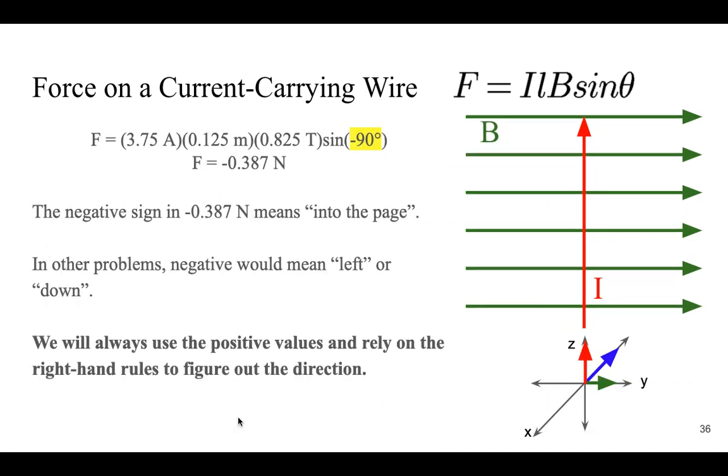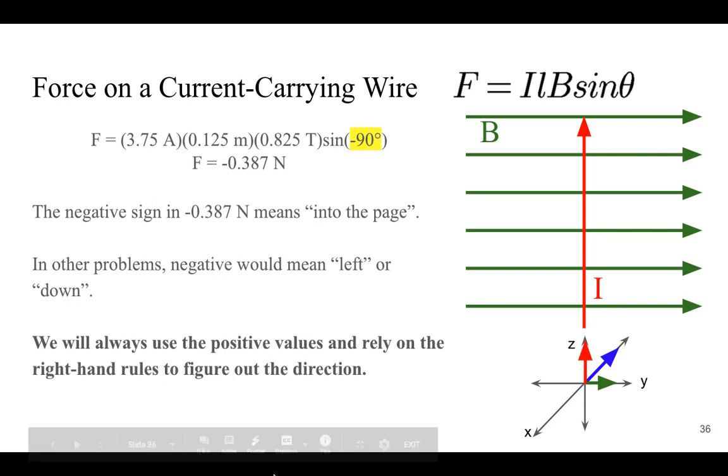However, we're going to handle that a different way. The negative sign in that answer really means that your force is going into the page. So if you do your vector math rigorously, it will give you a positive or negative sign, and that will tell you the direction. But we're just always going to use the right-hand rules to figure out the direction.